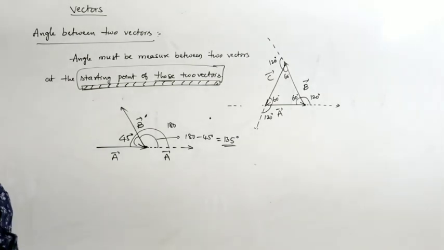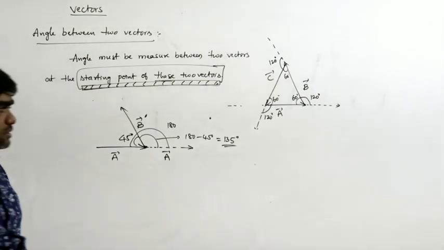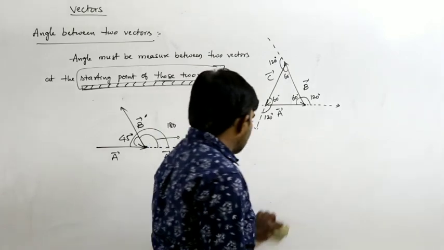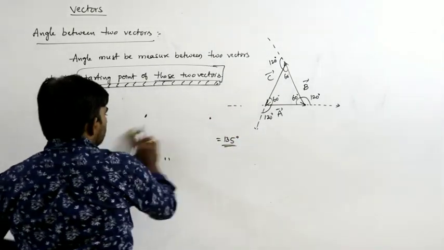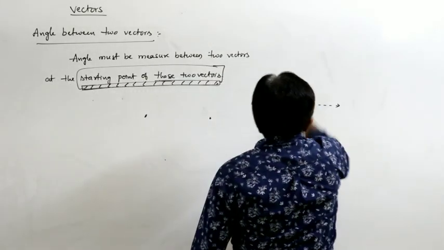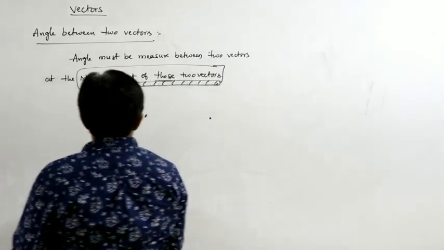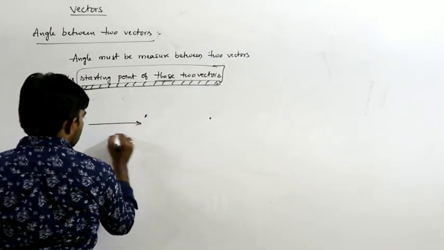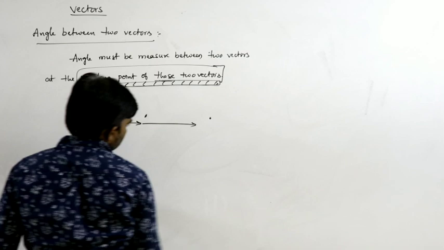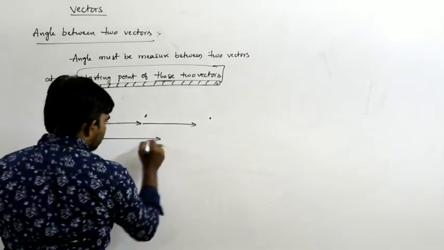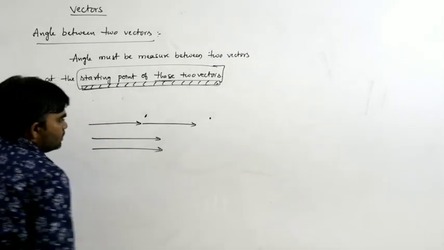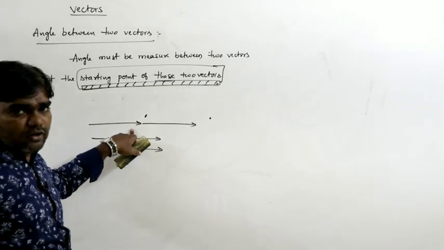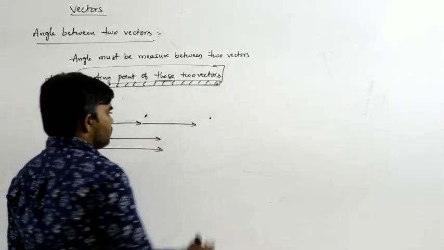This is the way to find out the angle between two vectors. And if two vectors are parallel to each other, what is the angle between two parallel vectors? This is one vector and this is another vector. We can represent like this or like this. So how can you find out the angle between these two?